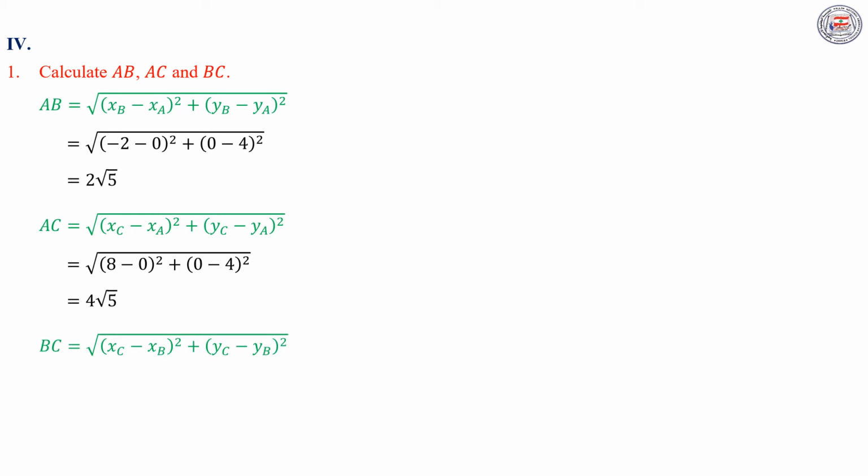And BC is equal to radical of (xC minus xB) squared plus (yC minus yB) squared equals radical of (8 minus (-2)), and xB is equal to -2, so we have two minuses. That's why we can directly write (8 plus 2) squared plus (0 minus 0) squared equals 10.